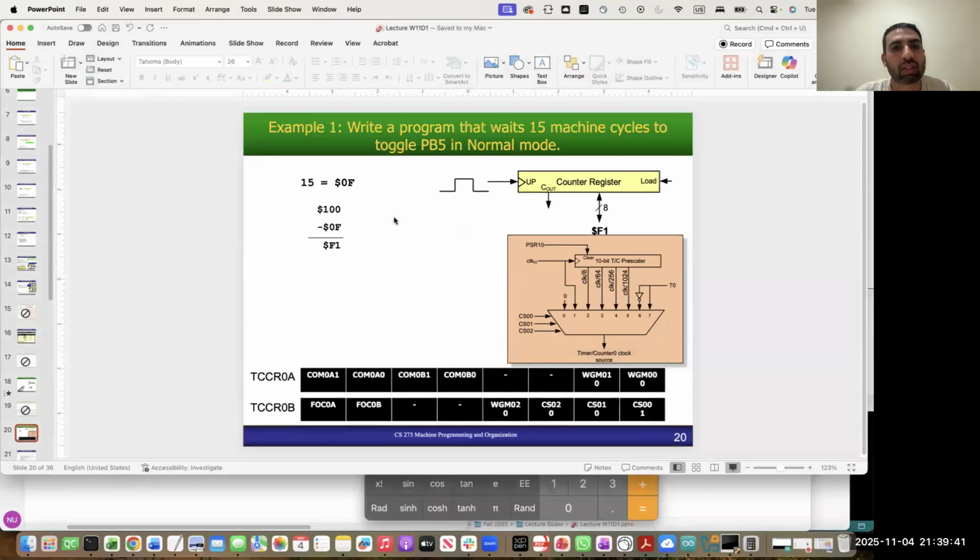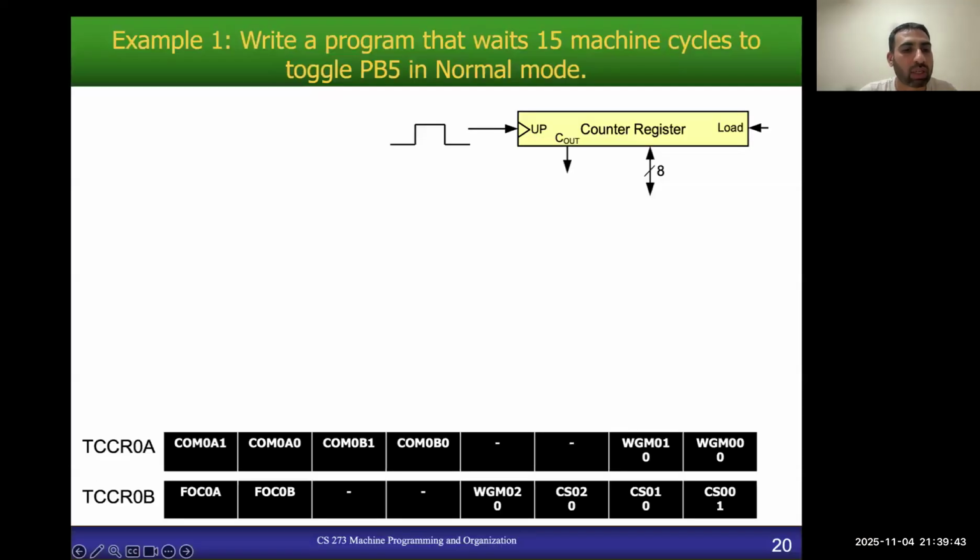So what you need to do is simply put 256 minus 15, and that was 241, right? So you can simply load the register with 241 and then start the timer. So it will take 15 cycles.